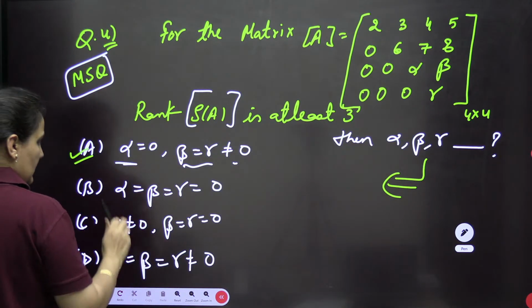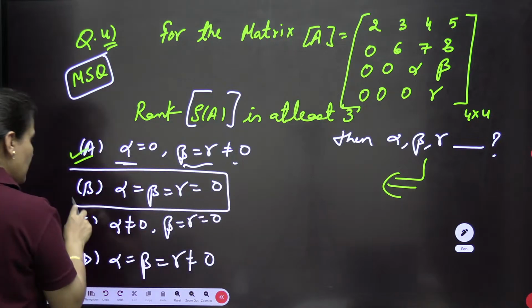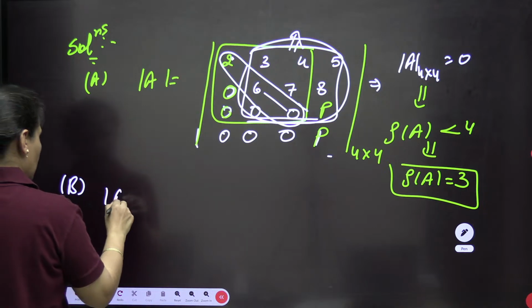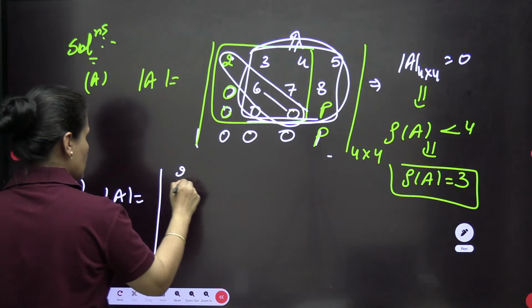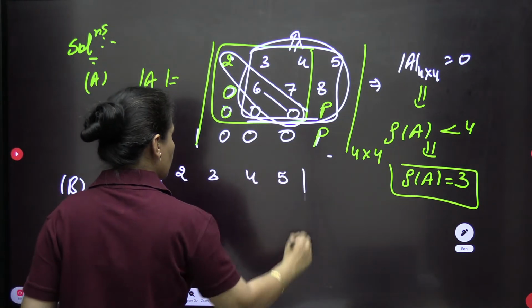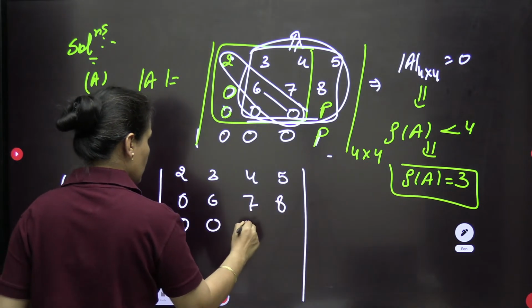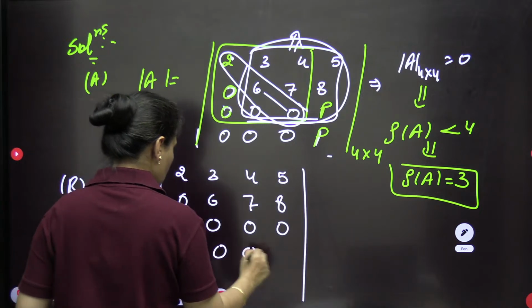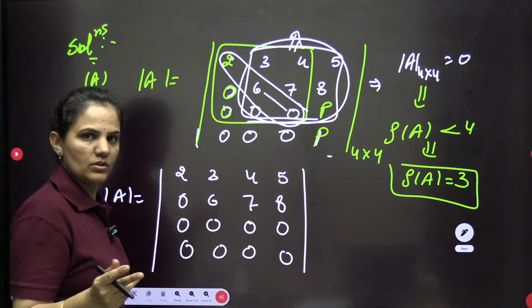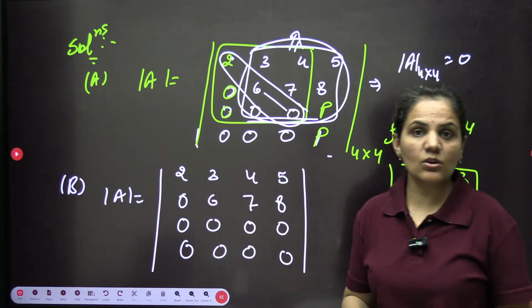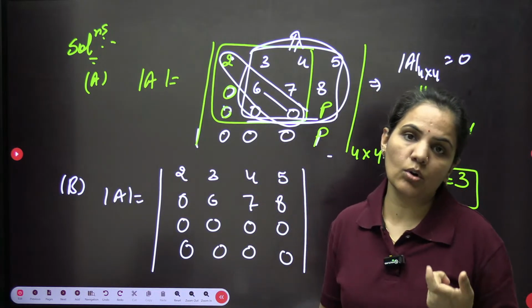So yes, it should be true. Now I check with alpha, beta, gamma all 0. Let's put all as 0. So this is 2, 3, 4, 5; 0, 6, 7, 8; 0, 0, 0, 0; 0, 0, 0, 0. Again here, children, the last two rows are completely 0. We know very well that the determinant of any matrix is 0 when it has at least one row or column that is 0.